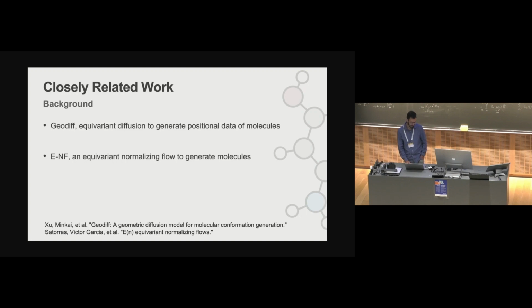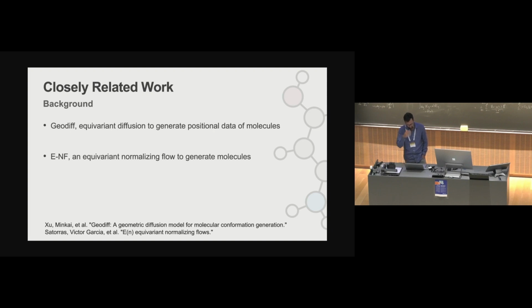This paper, when presented, was closely related to previous papers. One was GeoDiff, which was using equivariant diffusion not to generate molecules, but to generate the coordinates of a molecule. So given the graph of a molecule, we could generate its position in 3D space, which was also using the EN equivariant graph neural network. And a previous work that was doing the same application as this diffusion model was equivariant normalizing flows.